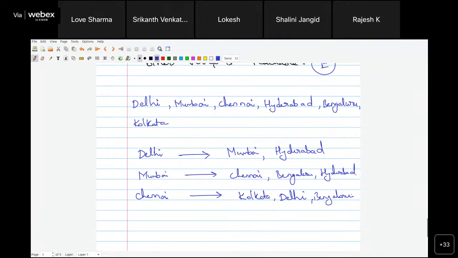So this is the data given to us. From Hyderabad, there is only one direct flight, let's take it as Delhi. From Bangalore, we have direct flights to Mumbai and Kolkata.